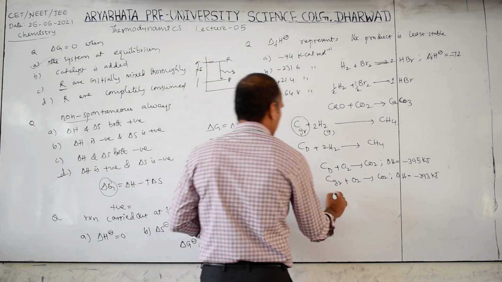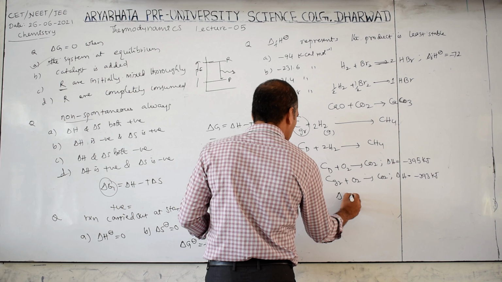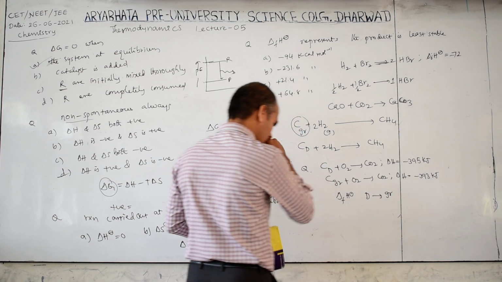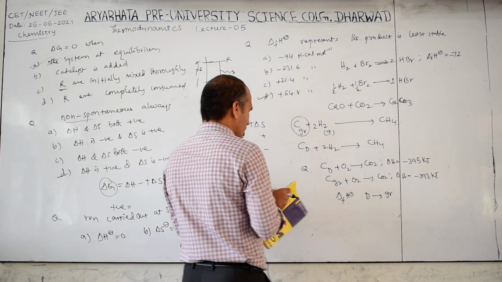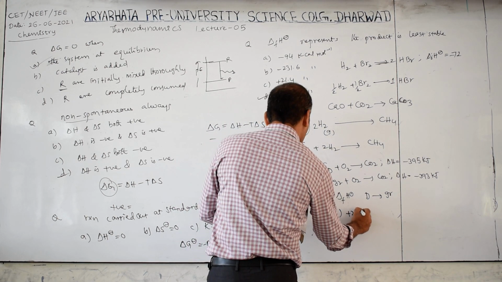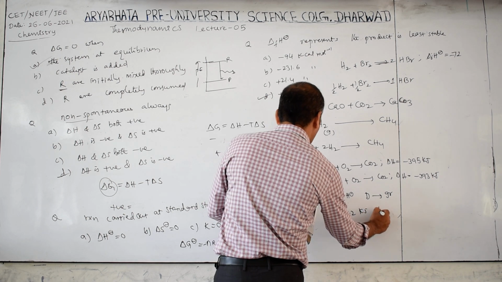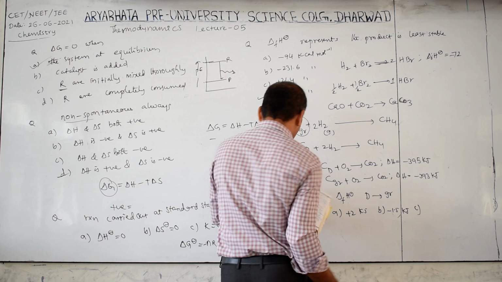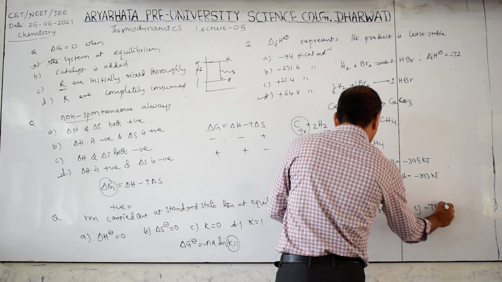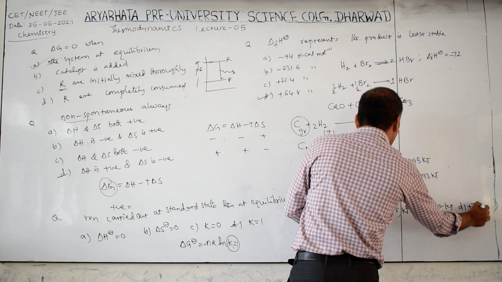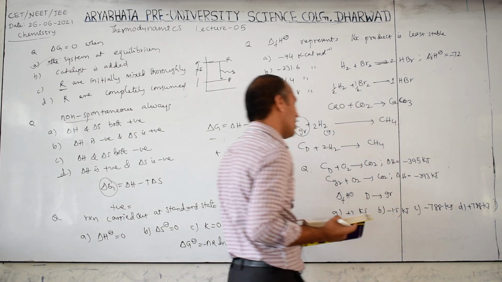They are asking the enthalpy of formation of diamond to graphite. How much? Here the answers are given: A plus 2 kilojoule per mole, B minus 1.5 kilojoule, C minus 788 kilojoule, D plus 788 kilojoule.